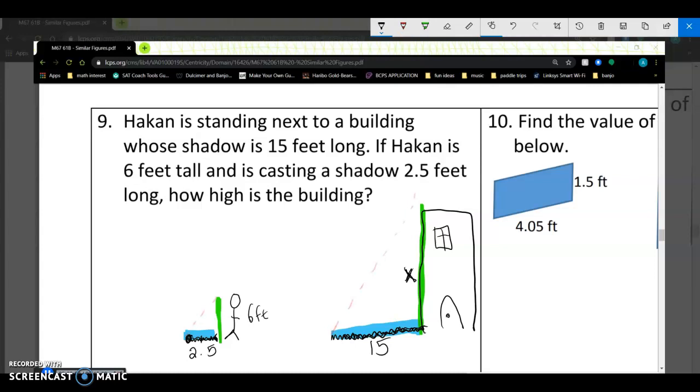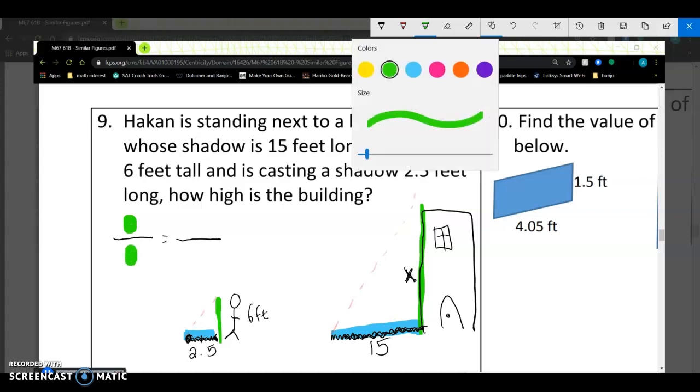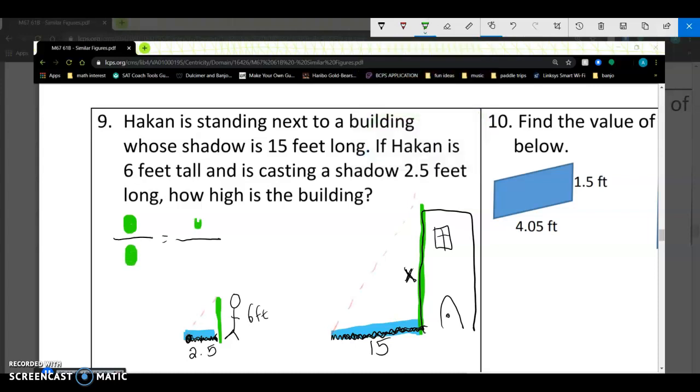We're used to setting up these proportions now, right? So we're going to put greens on one side. Whoops, let me erase that. And we're going to do our blues on the other side.